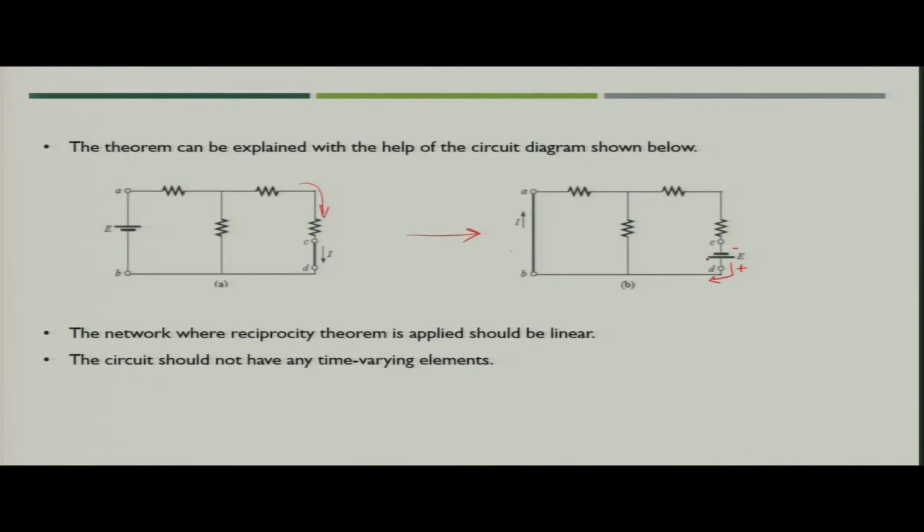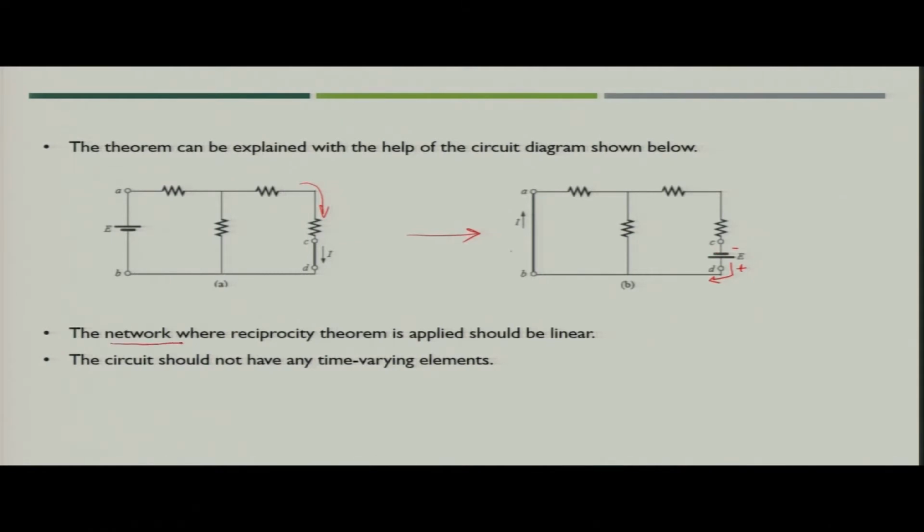Next, when you place the current in that branch where the voltage source was connected, what you have to do is simply short circuit the nodes A and B, because now the voltage source is not available. So, this would be short circuited and the same current will flow in the branch, keeping other parameters the same. That means you can exchange the locations of the voltage source and the current.